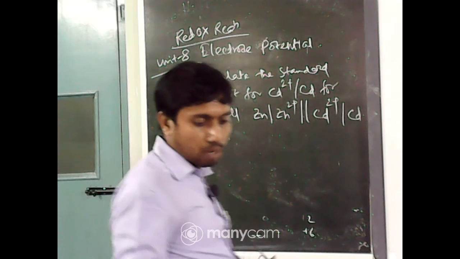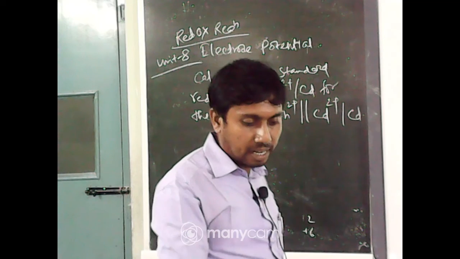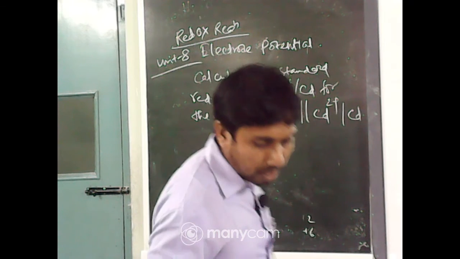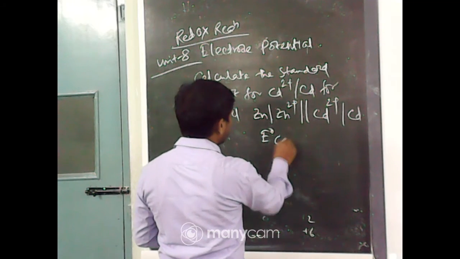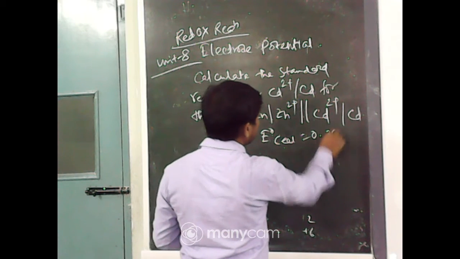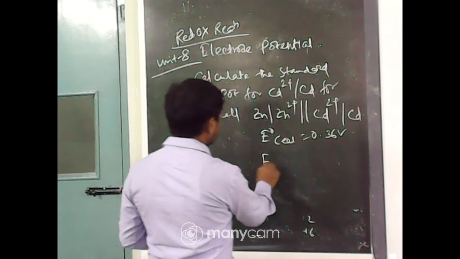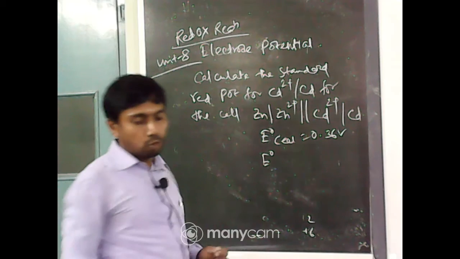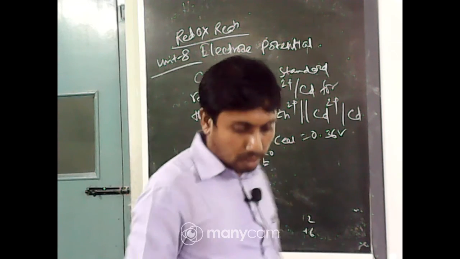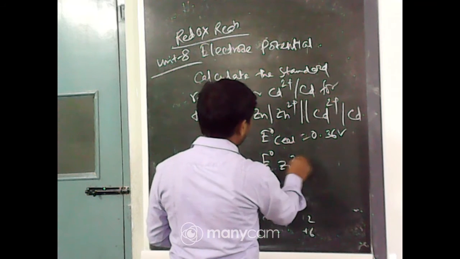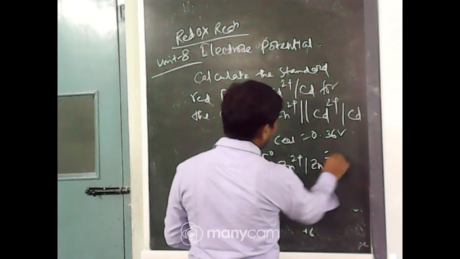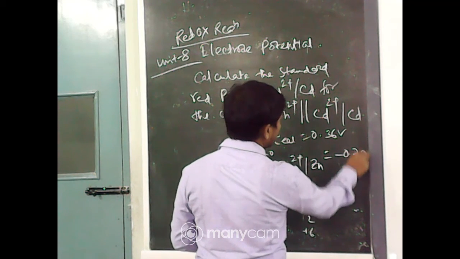The E0 cell is given, equal to 0.36 volt, and E0 of Zn2+/Zn equal to -0.76 volt.